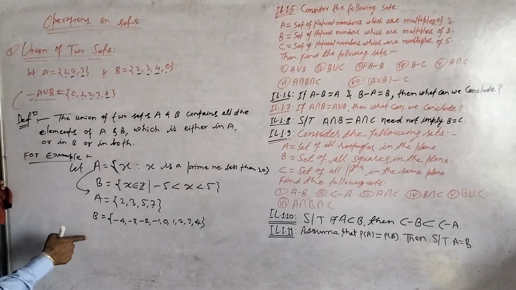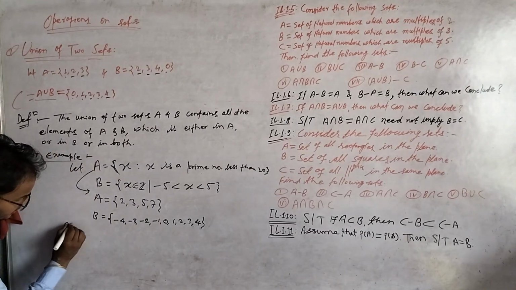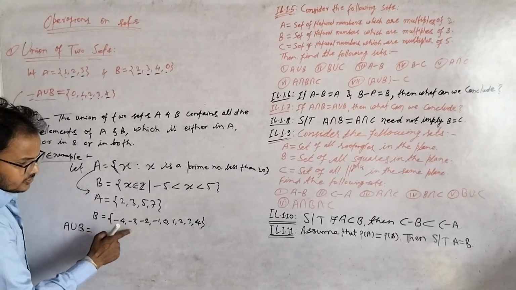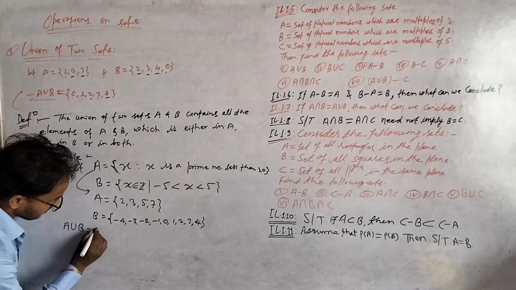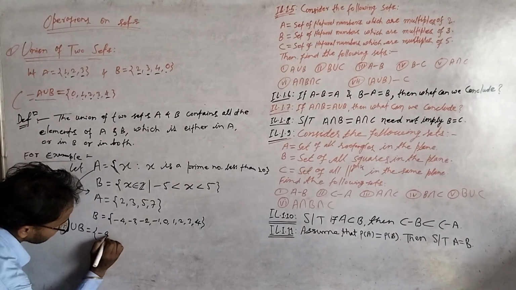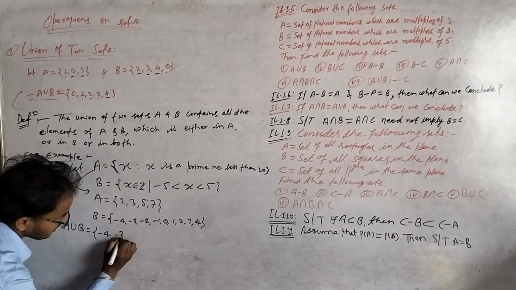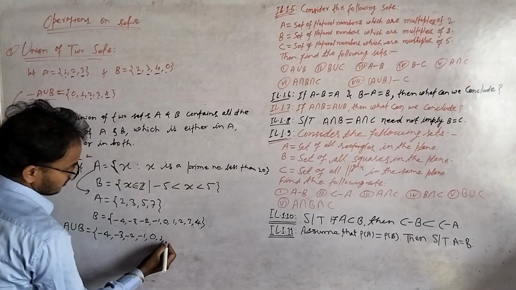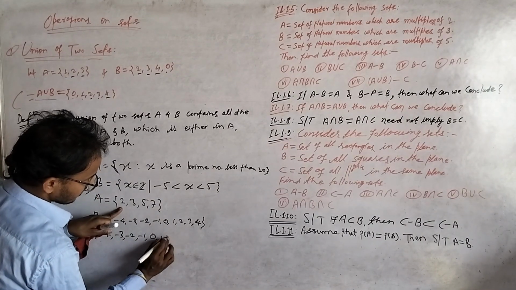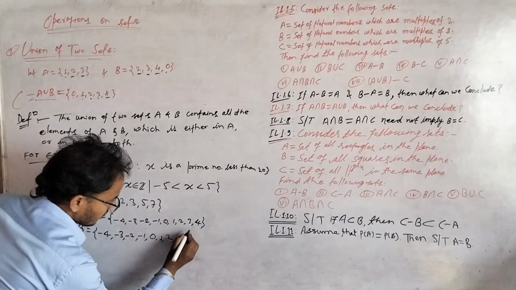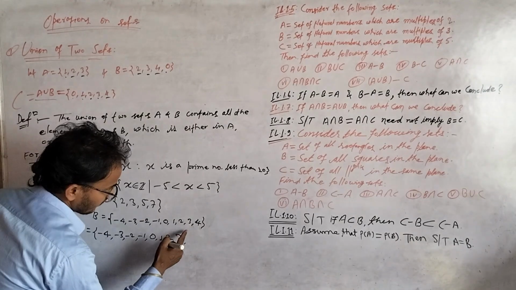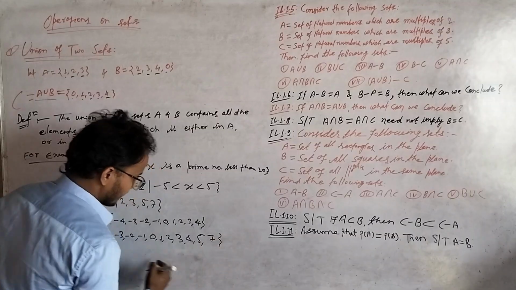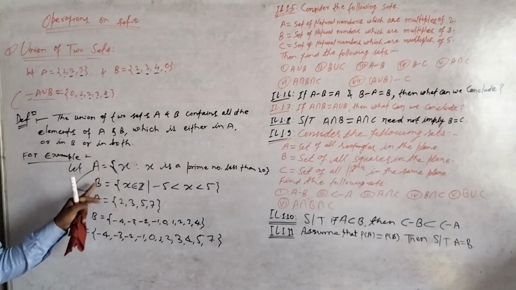Now we write A union B. We write all those elements a single time: -4, -3, -2, -1, 0, 1, 2 (which is in both sets), 3 (in both sets), 4 (only in B), 5 and 7. Okay, this is A union B for these sets.